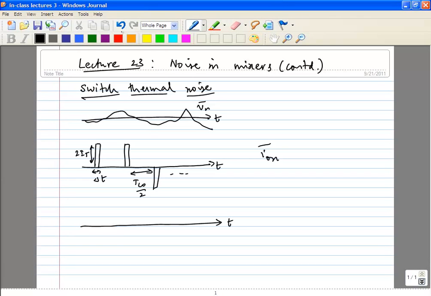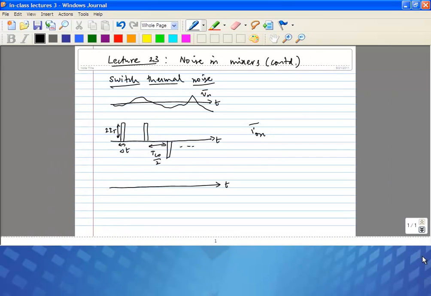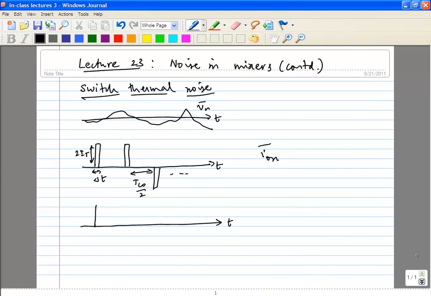So the pulse width is a constant Ts, and the height is 2 I_T over S times Ts.